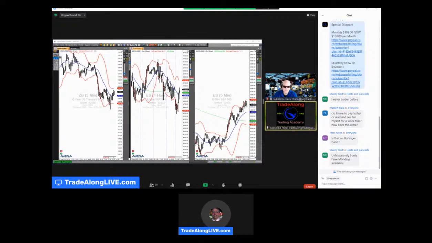scalp the market. We're looking for about, I would say right now, about 5 points stops with a 5-point profit target. Again, that varies with volatility on any given day. So that all depends on the volatility and how each day creates its own set of dynamics that we have to take into consideration.